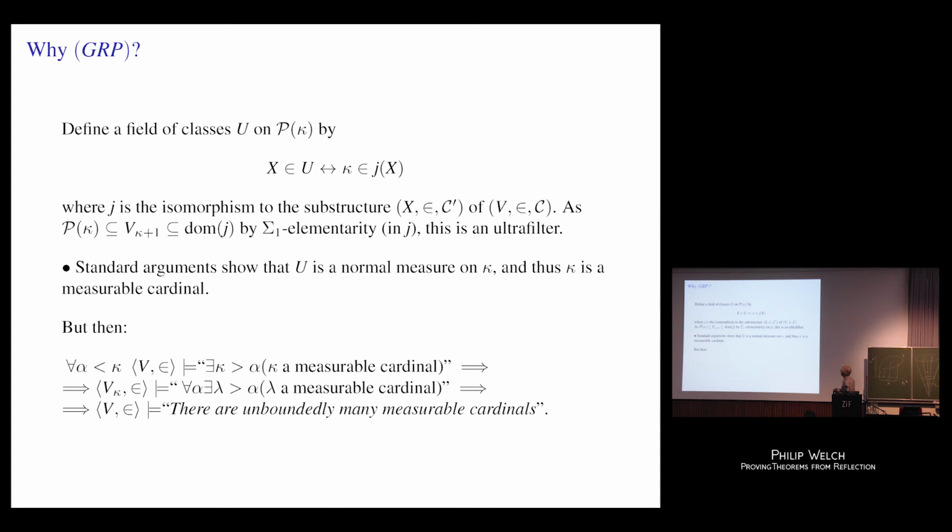The inverse of this isomorphism, if you think of that as J, is going to stretch subsets, or the parts, of V kappa up to the whole universe.